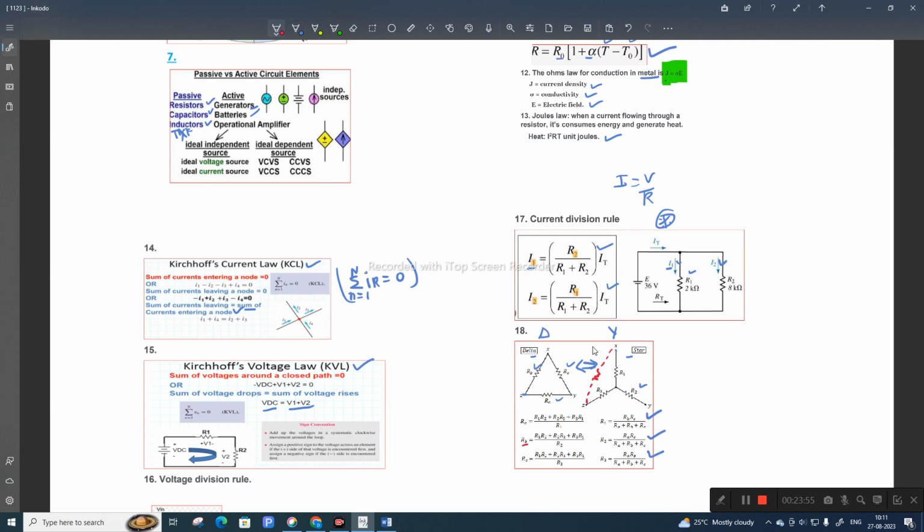Then for these two nodes, I am marking dotted lines here. R1 into R2, then the same cycle, R2 into R3 and R3 into R1, divided by R3, because if you take these two, the opposite resistor is R3. Like that, RA also you can find similarly.